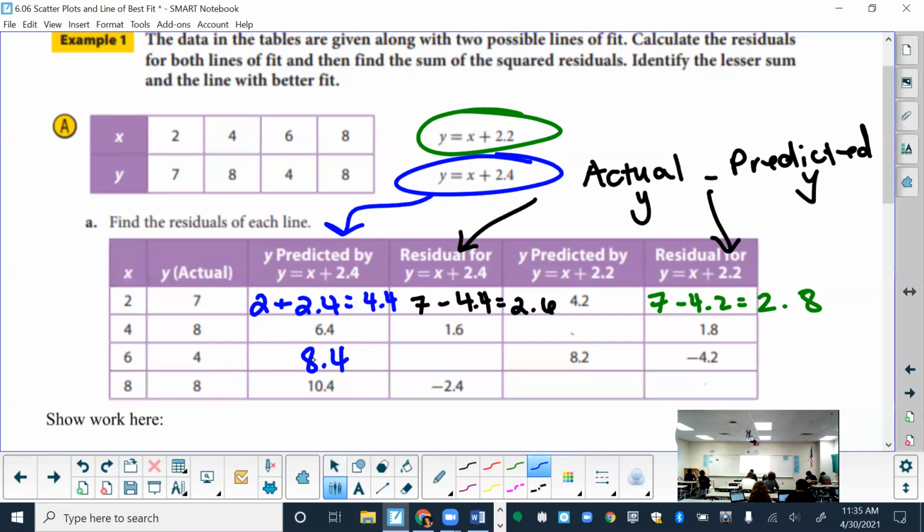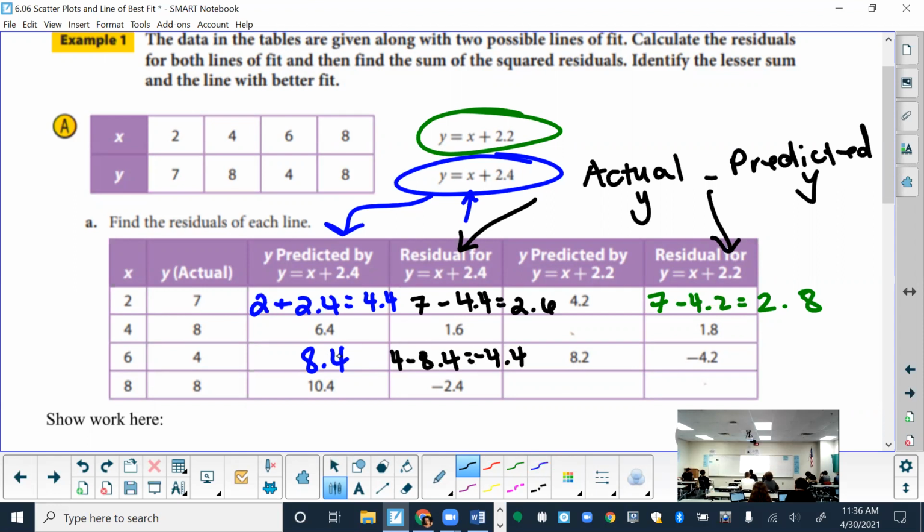All right, you got that from plugging the x into this formula. So x is 6 plus 2.4 is 8.4. Good there. All right, what was the residual for that value? So what was the actual value? So 4 minus 8.4, which is negative 4.4.